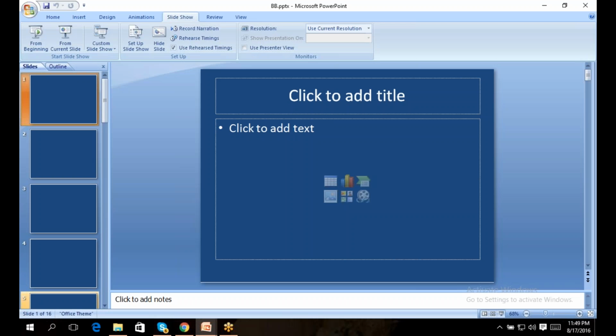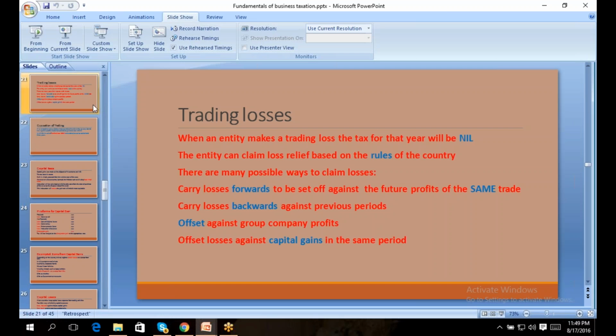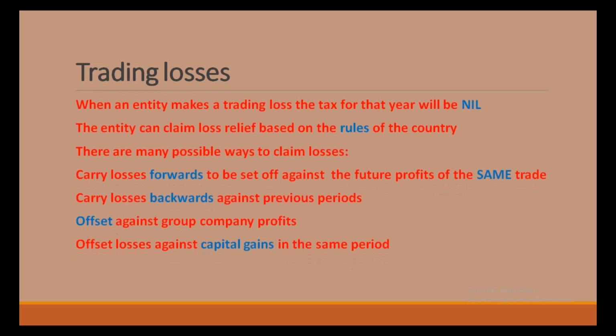Just to give an idea, now let's move into the last slide. We were on the subject of tax losses, how we can set off the tax losses. As I said, there are many ways.